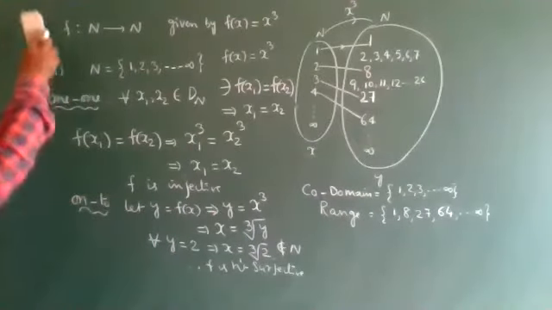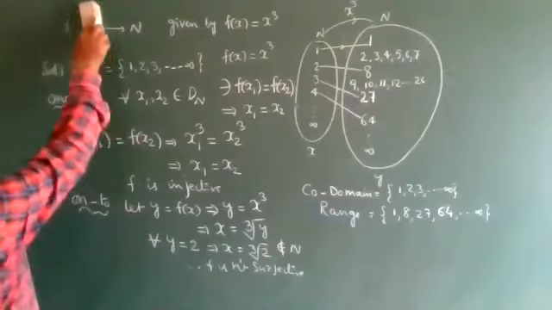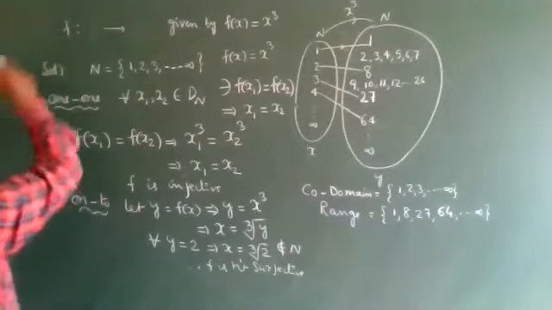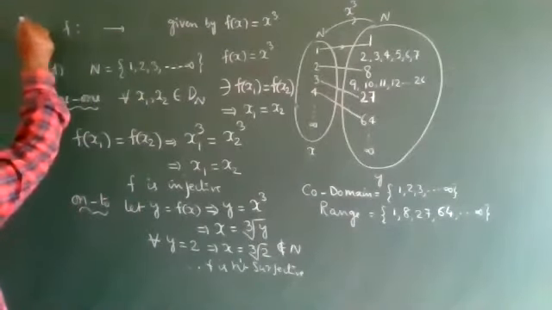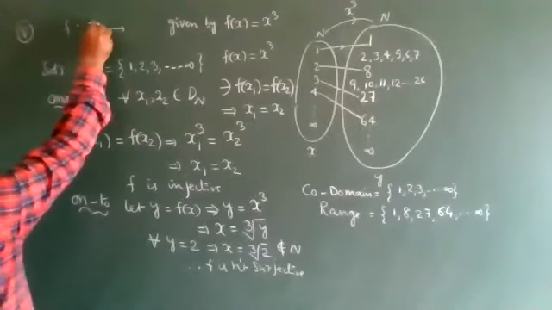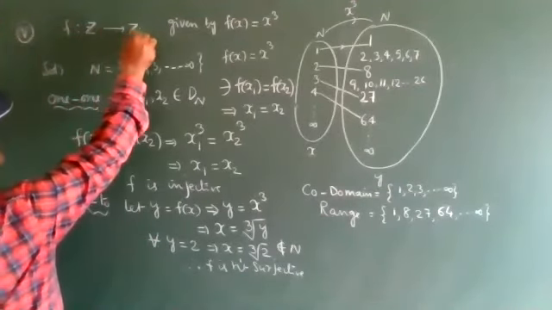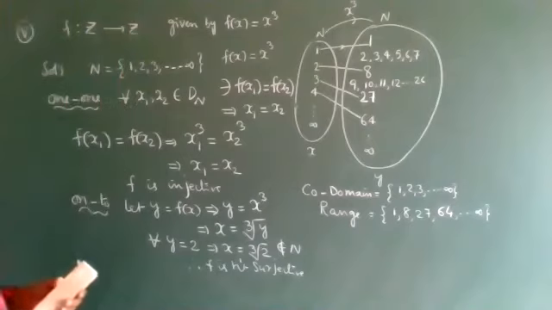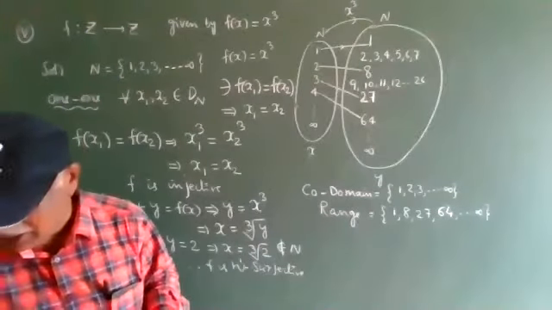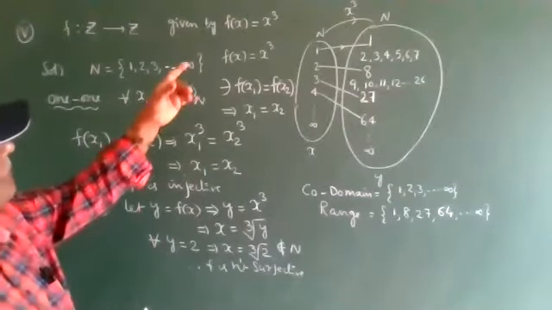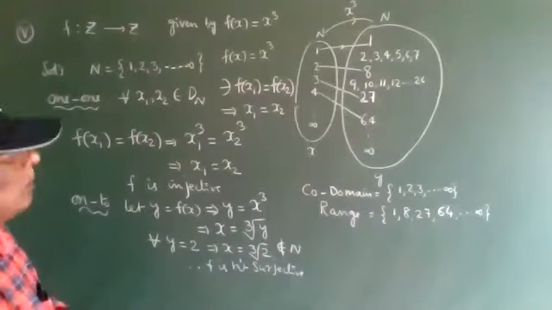Everyone see the fifth bit, the second problem. f is a mapping from integers to integers, given by f of x is equal to x cube.